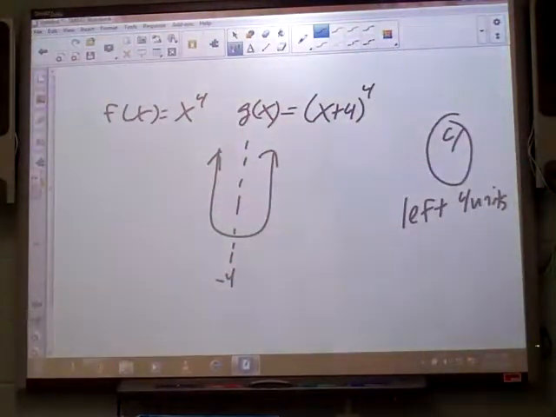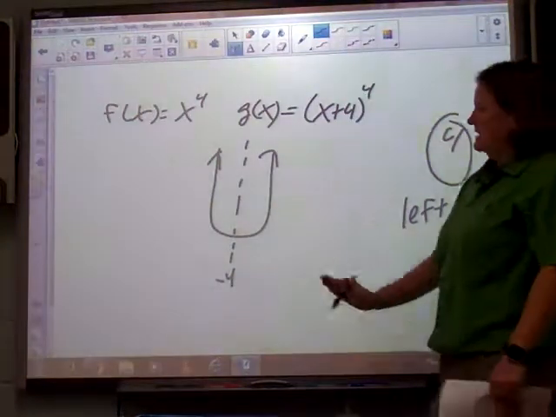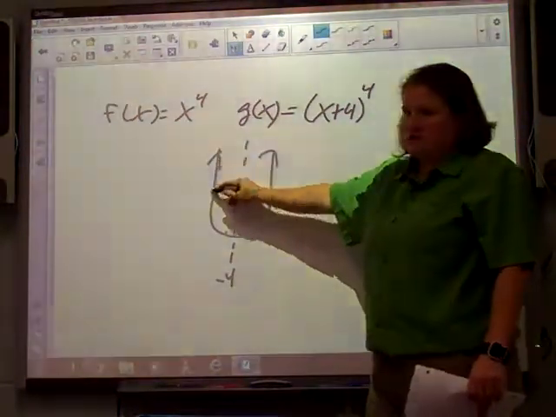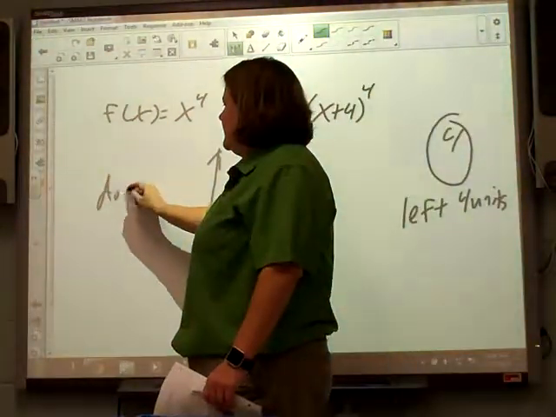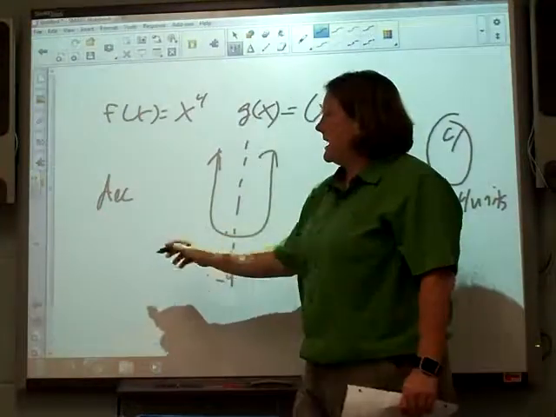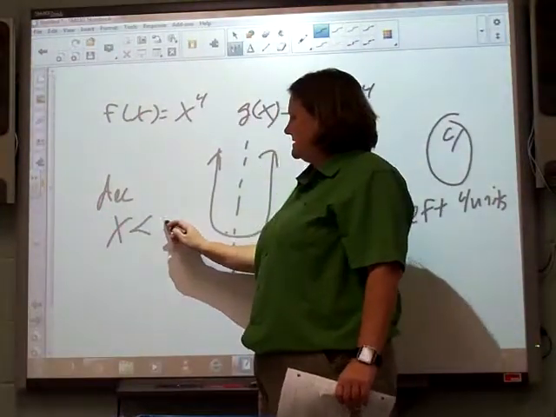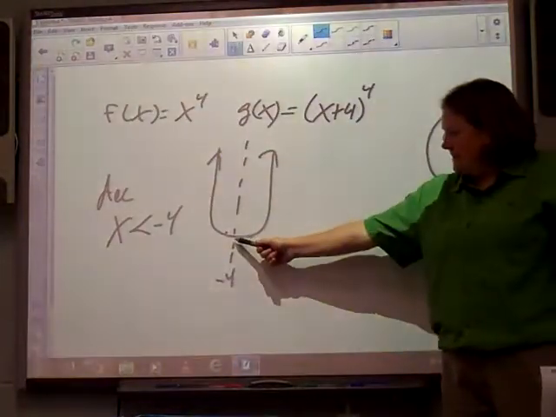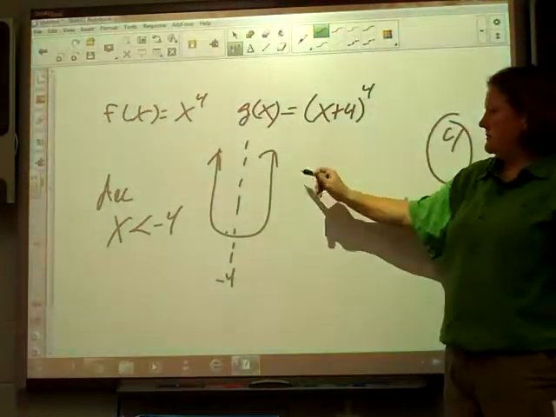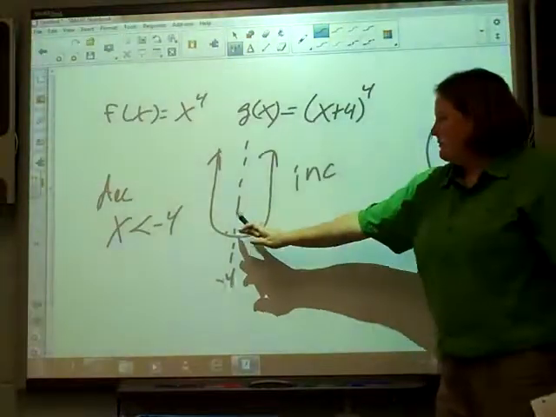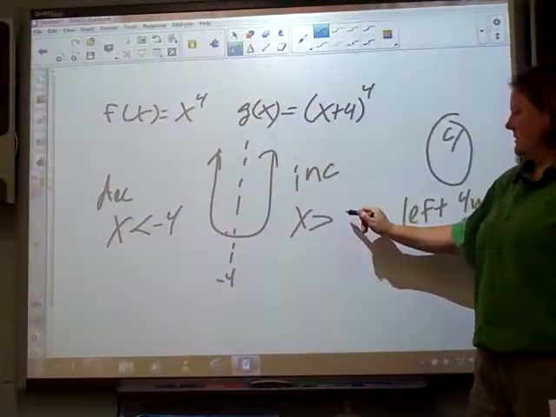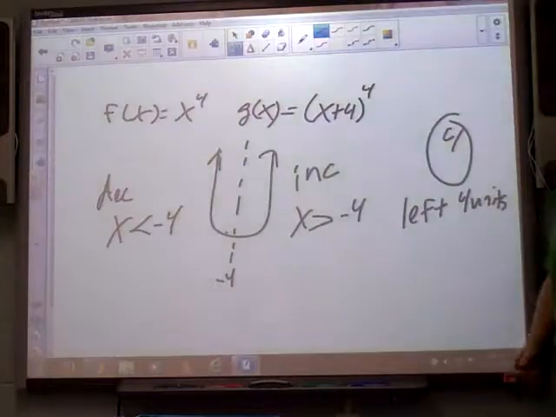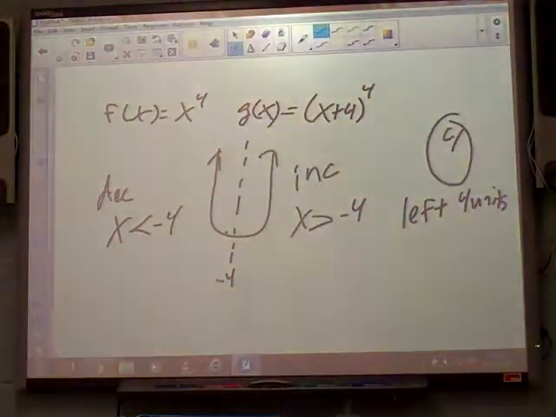So if I read that graph left to right, it's going down first, and that's decreasing. So this would decrease on the left side of -4, which means when x is less than -4. Then once I get past -4, it starts going uphill, which means it's increasing on the right side of -4, which is when x is greater than -4. So that'd be your C answers.